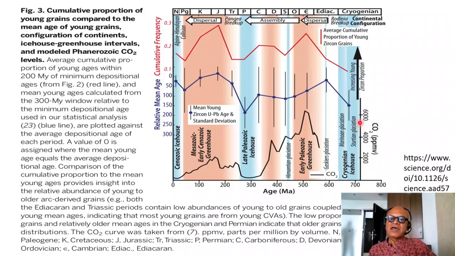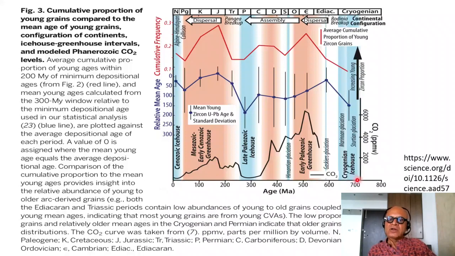So when you had high CO2 levels, you had greenhouse effect, very warm climates, and as CO2 dropped off, we got into these late Paleozoic icehouse, then the Mesozoic and early Cenozoic greenhouses, and then the Cenozoic icehouse.